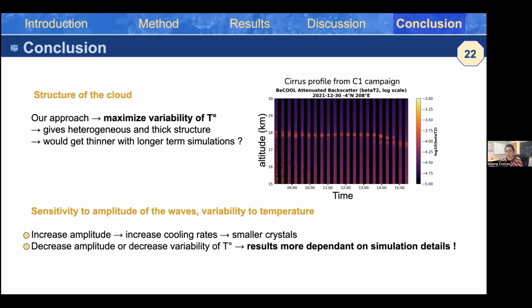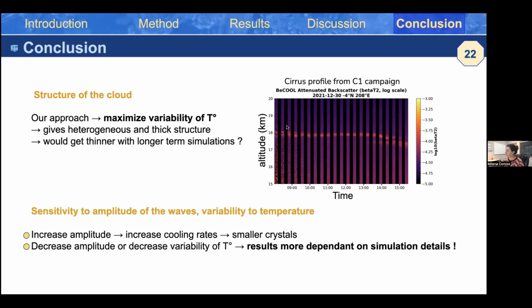If we want to go a bit further, we found that our way to maximize the effect of the waves was generating a very thick cloud structure that was very heterogeneous. And that is far from the observations that we have of these clouds at these altitudes.